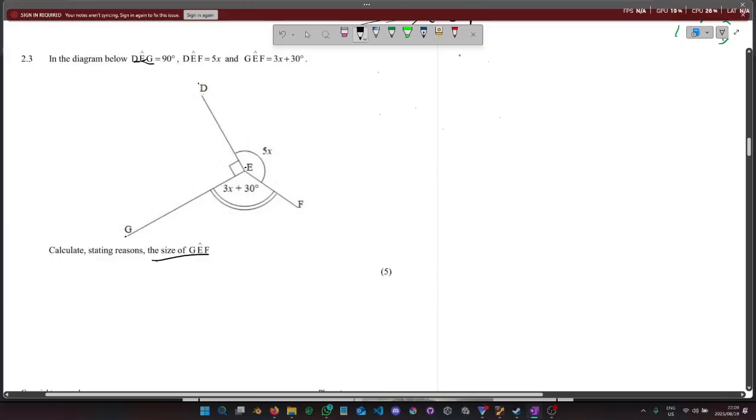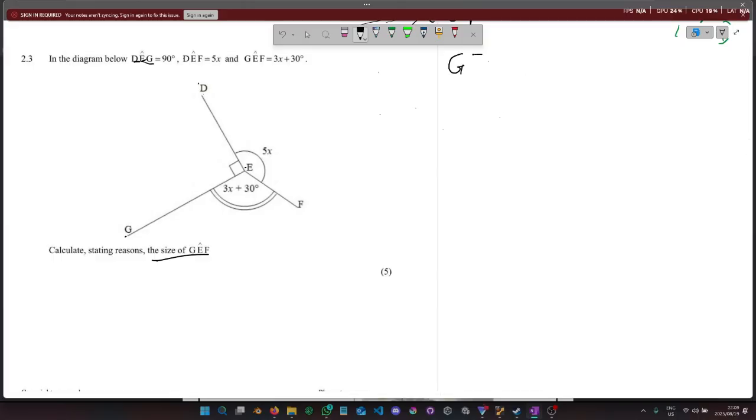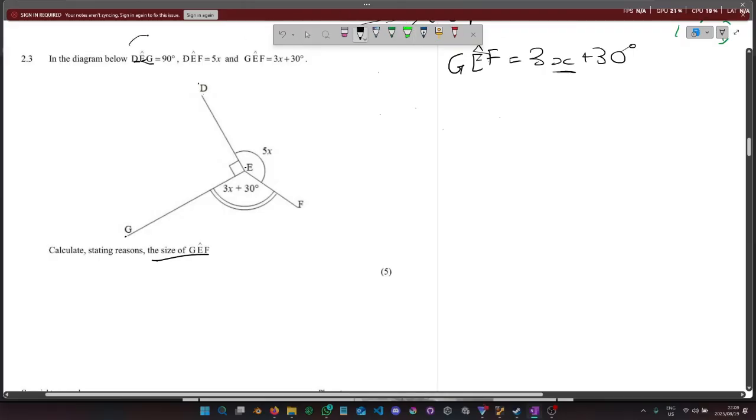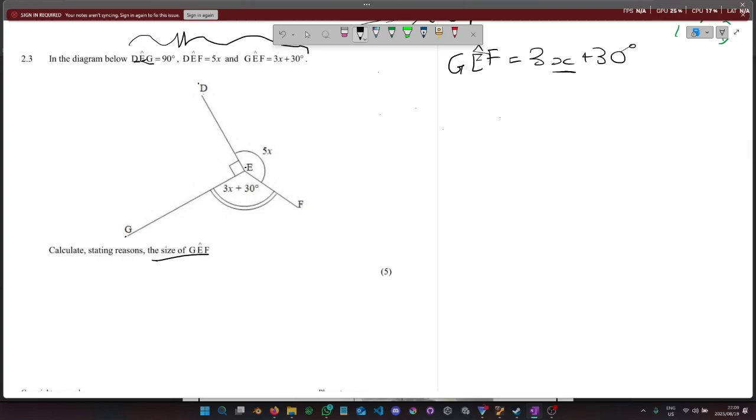So we know currently that GEF is equal to 3x plus 30, right? But we want to know what x is. The way they give out this information normally tells you when you should use it, right? So yeah, they say DEG is equal to 90 degrees and DEF is equal to 5x degrees, right?